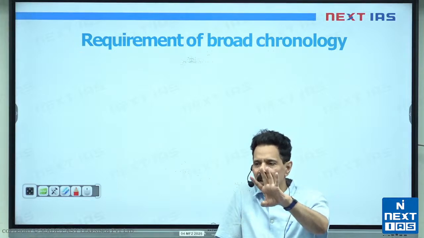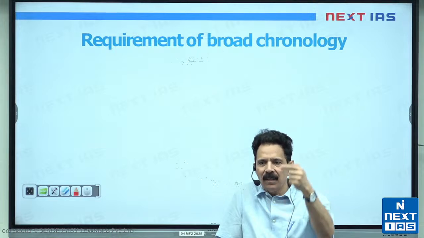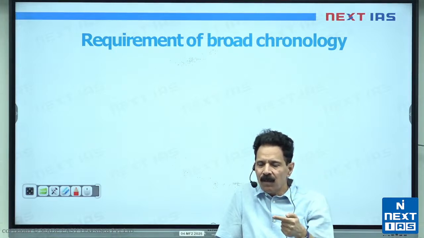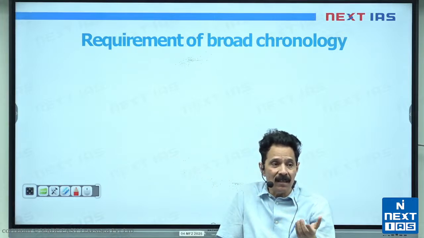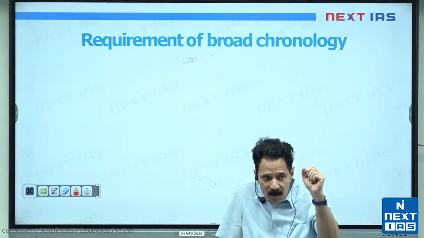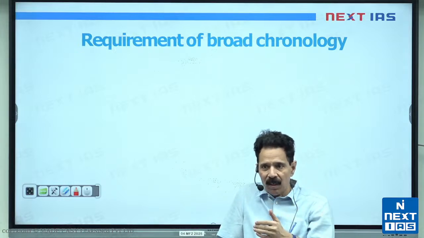Suppose 4 events are given, you have to set them in chronological order, that this event took place first, then second this, third this. For this, there is no need to cram dates and years. Rather, there is a need to know the broad chronology. This took place in the first half of the 19th, this in the second half of the 19th, this in the mid 19th. If this knowledge is there, this is enough.